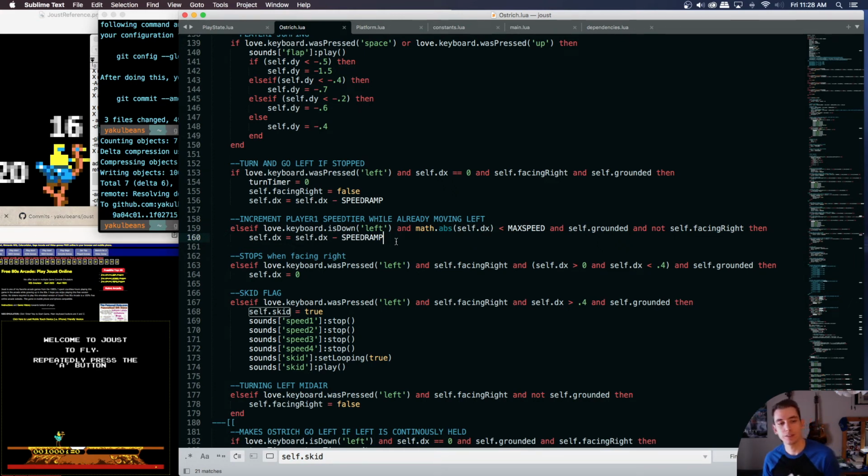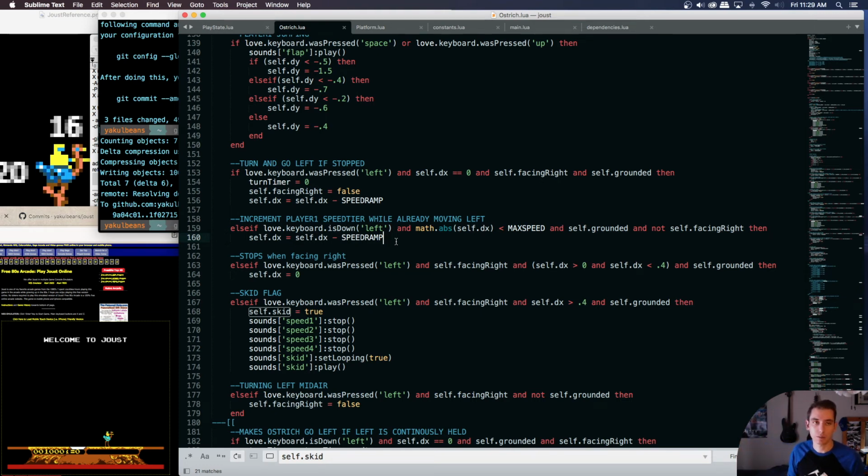One thing that's still confusing to me is that any time left is held, no matter what, eventually my dx should be negative. So if I'm going to the right fast and I hold left, yeah, it turns to skid, it slows to a stop, and then it goes left.